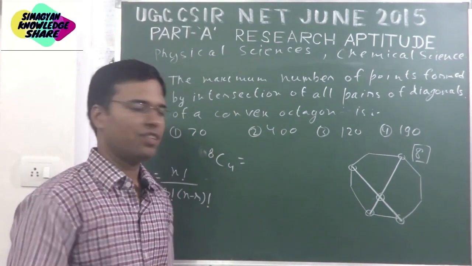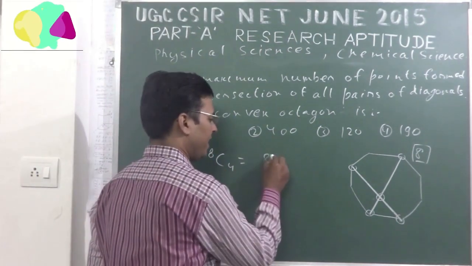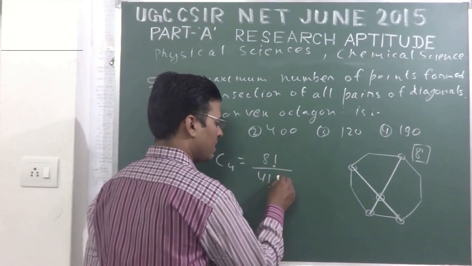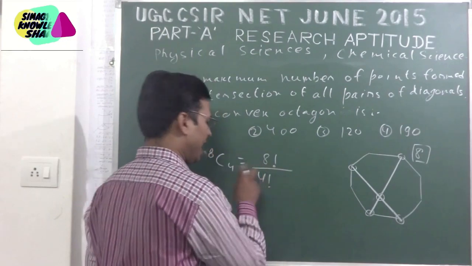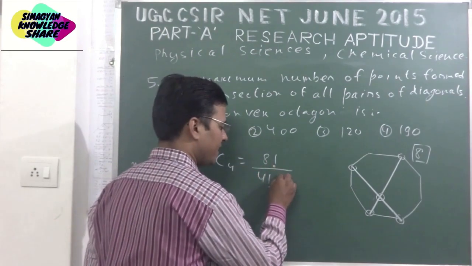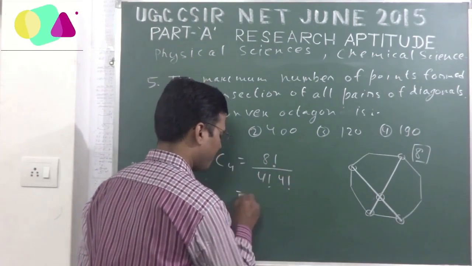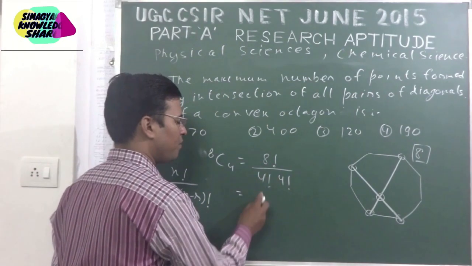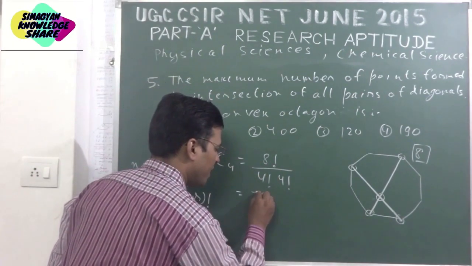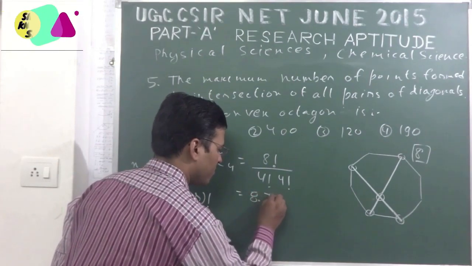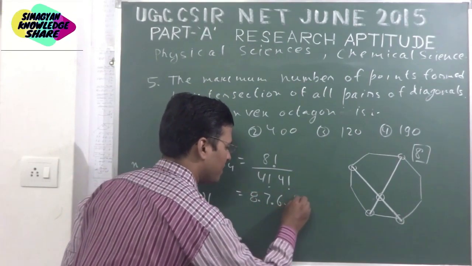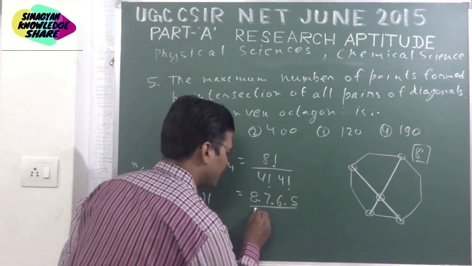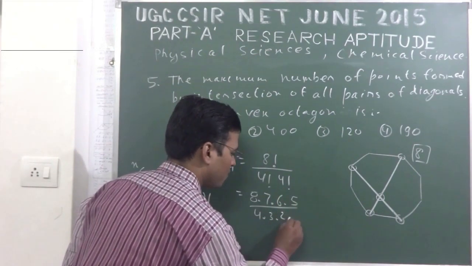Here the solution is 8 factorial divided by 4 factorial times 8 minus 4, that is also 4 factorial. This is 8 times 7 times 6 times 5 divided by 4 factorial, that is 4, 3, 2, 1.